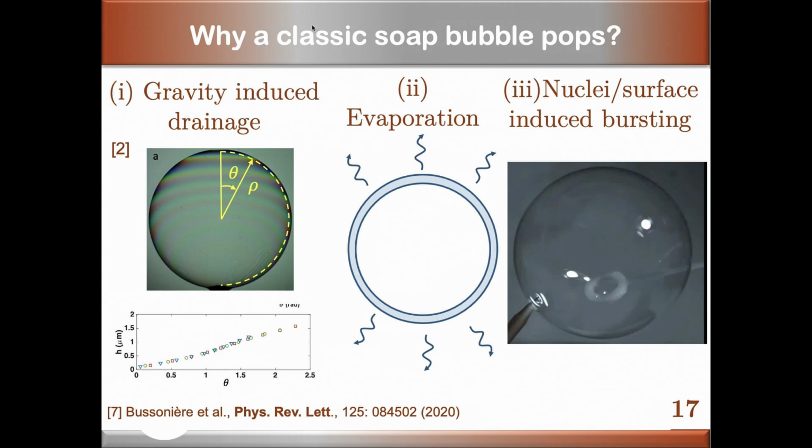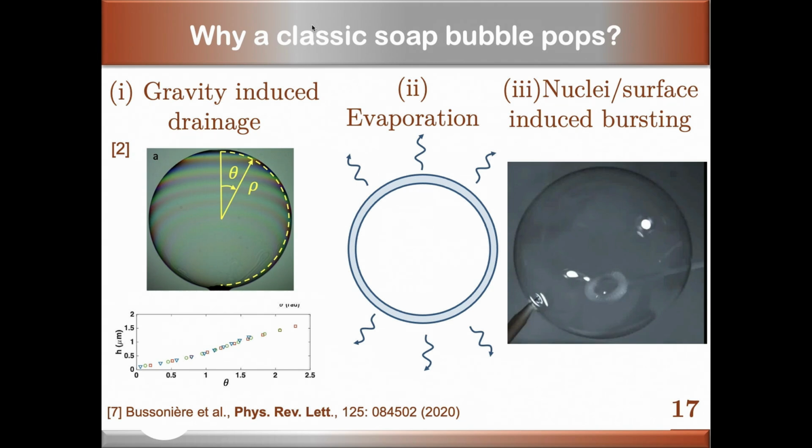The first reason is, if you look here on this image, you had a bubble that we created, and you wait for some time, so you can look with a colored camera at the interference fringes, and from the interference fringes you can measure in fact the thickness of your film here. And if you look at the thickness of the film, you see that it is going to a very small value, up to here 2 microns at the bottom.